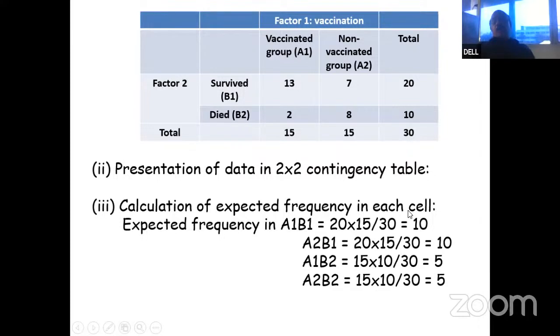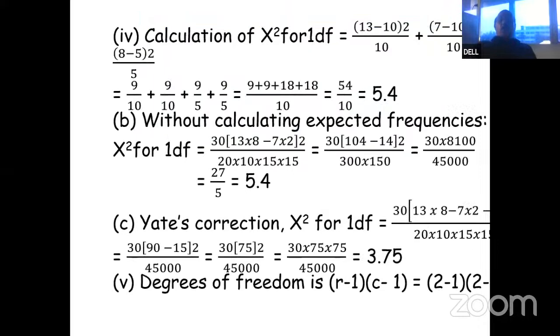For 2 by 2, that means 4 observed values, and for each value we calculate the corresponding expected frequency. With those expected frequencies, using the chi-square formula, we sum and get 5.4. This is without using the correction.